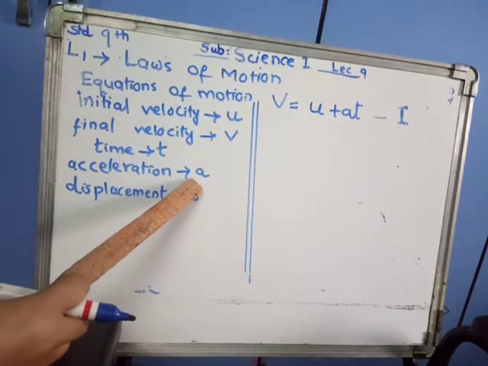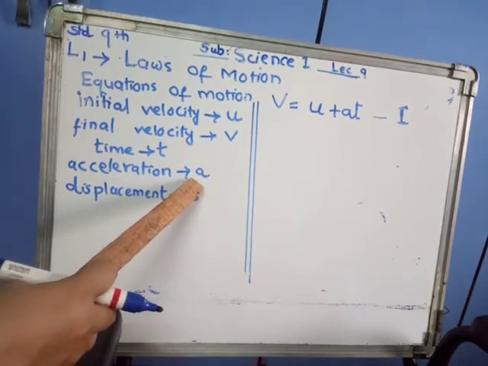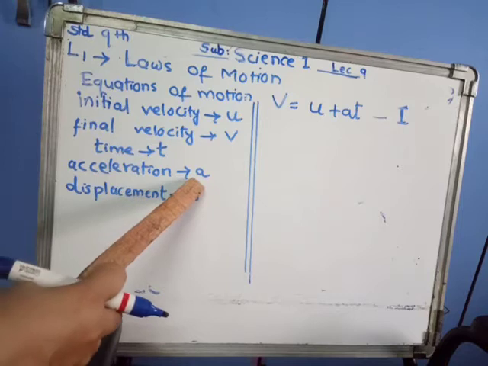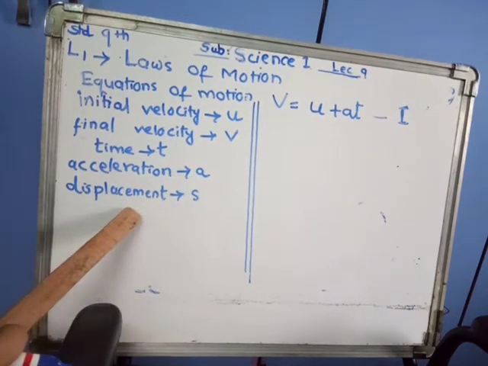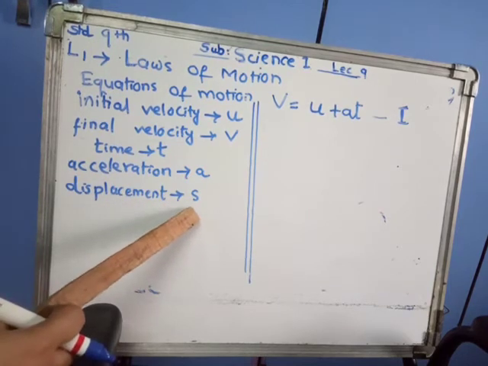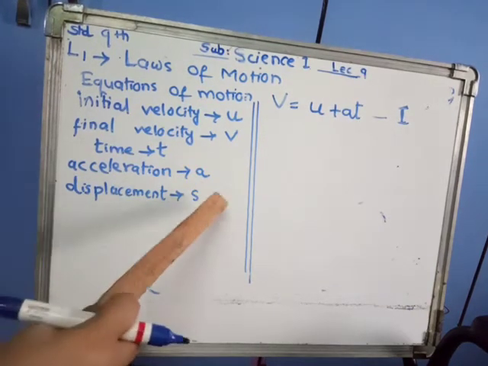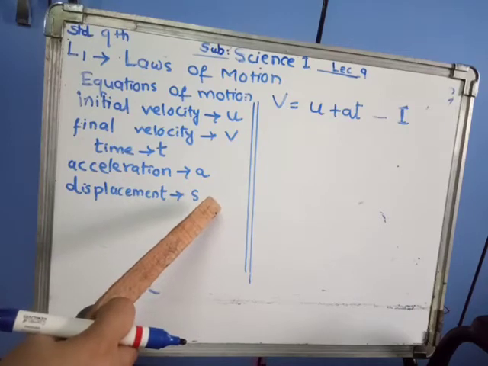We all know that acceleration is the rate of change of velocity with time. Suppose the displacement of the object is denoted by small s. Then there are three equations of motion.